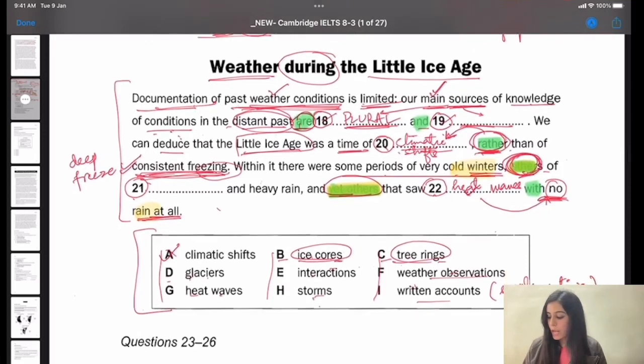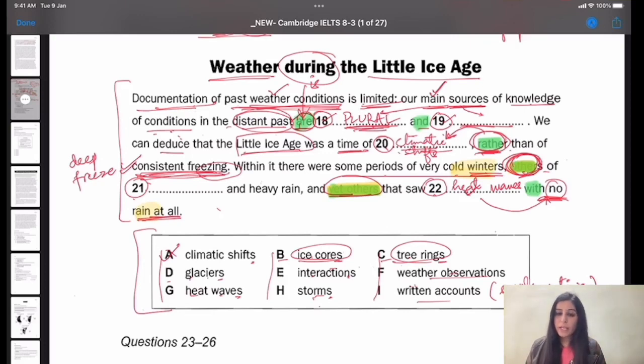Ice cores and tree rings. If you write, for example, funny enough, all the options have s in them, so all the options are plural. Let's change it to is. If it was written as the main source of knowledge of conditions in the distant past is, then it would have been singular, right?